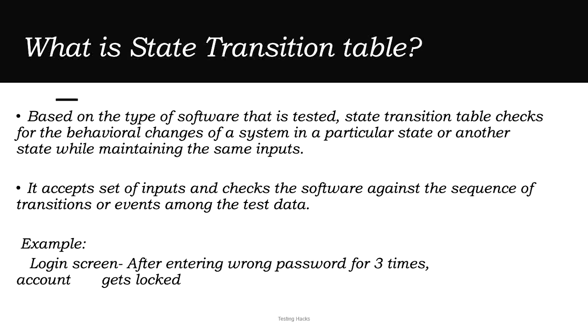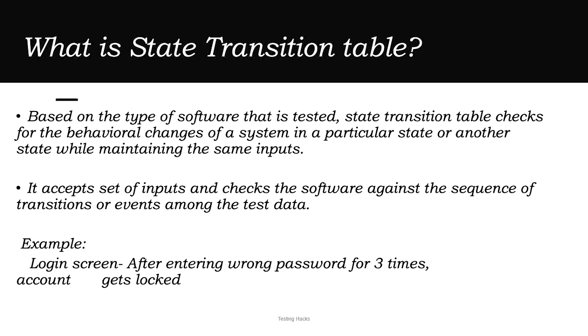The first try is recorded in the system, the second chance is also recorded, and the third chance is also recorded, where it changes its state from one state to another state.